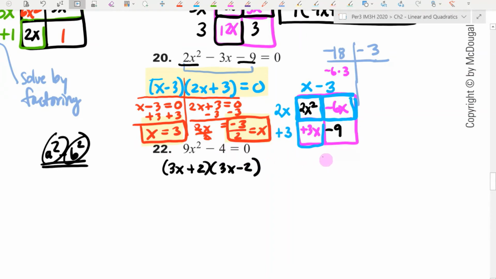You can do 9 times 4 to get nothing in the middle if you want. You could do negative 6 times positive 6 and do the box if you want to. But whenever they're both perfect squares and there's a minus, you could just take the square root of each one. So 9x squared splits up into 3x times 3x, and negative 4 splits up into positive 2 times negative 2. Don't forget the equals 0 part. You must have that equals 0 part.